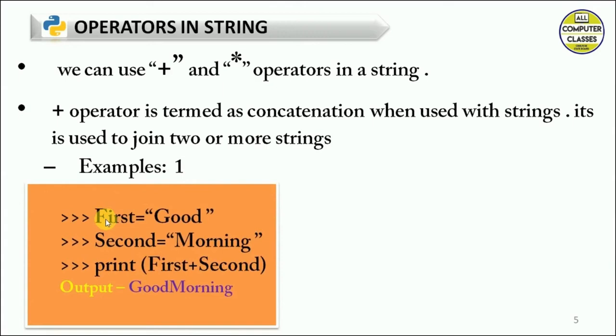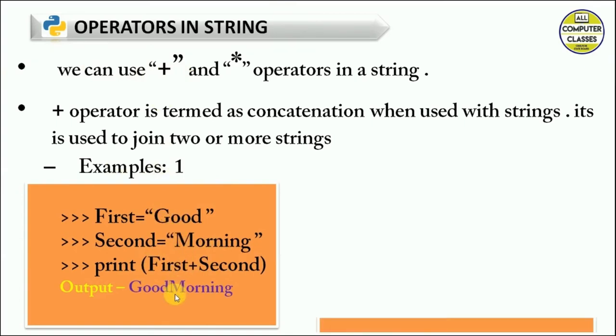For example, we have a first variable named first with value good, and a second variable named second with value morning. We want to print the value of first plus the value of second. So good plus morning gives the answer good morning. The plus symbol is used for concatenation, meaning joining of two strings.